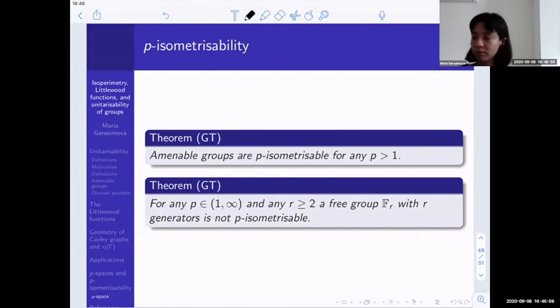I think there are no results about property T groups, but this would be very natural. So if we think that amenability and unitarizability are the same, can we say that if a property T group is unitarizable, then it should be finite? But it is completely open, and I have no idea how to do it.